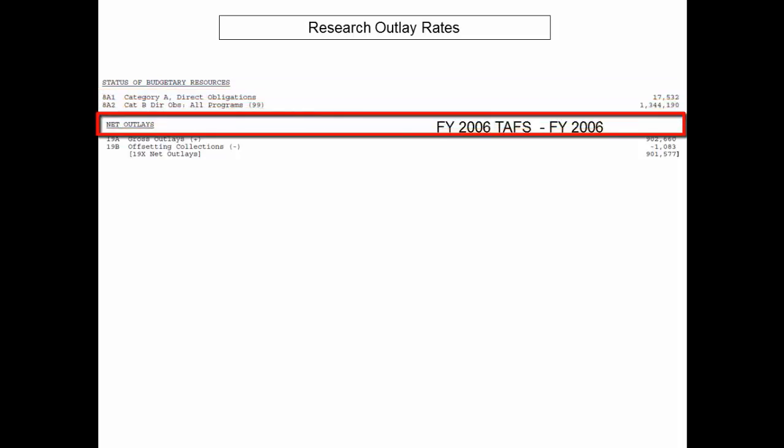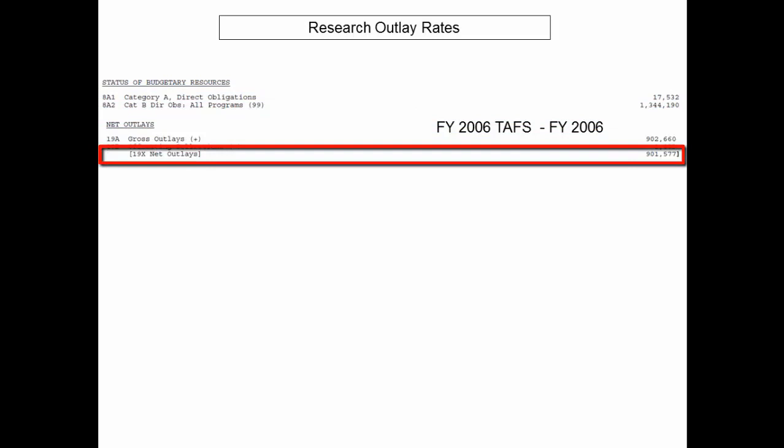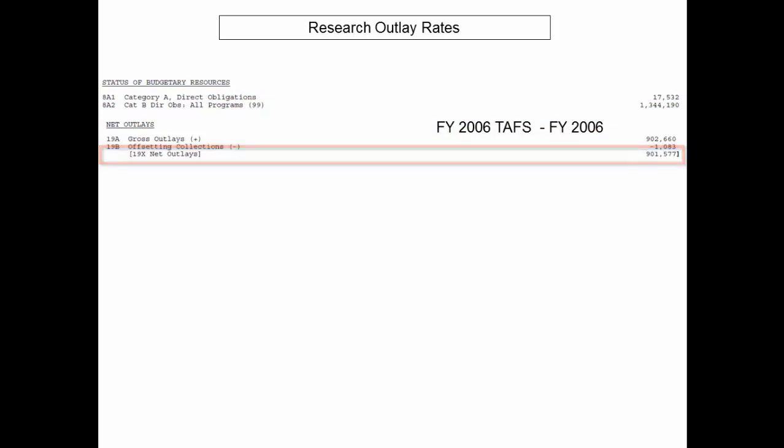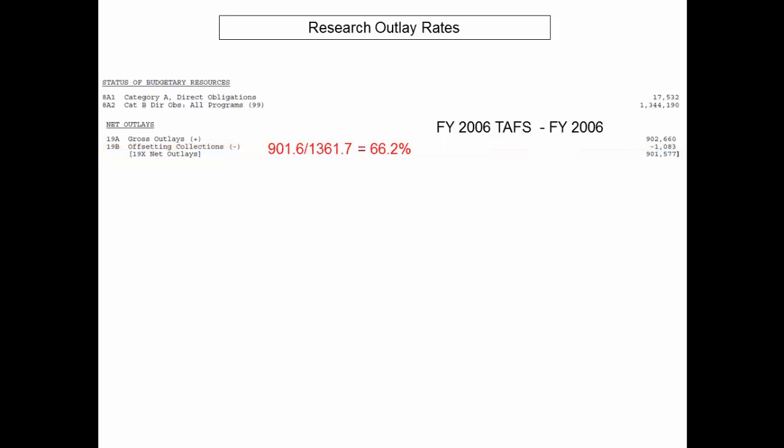The total net outlays on line 19X equal $901.6 million. Dividing the $901.6 million by the 1361.7 results in a first-year outlay rate of 66.2%.